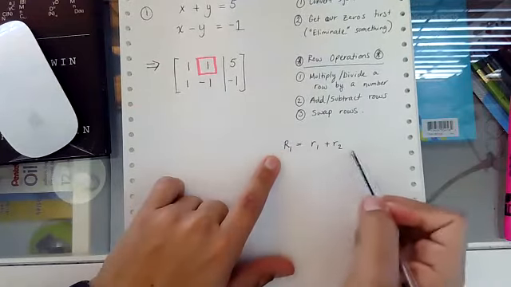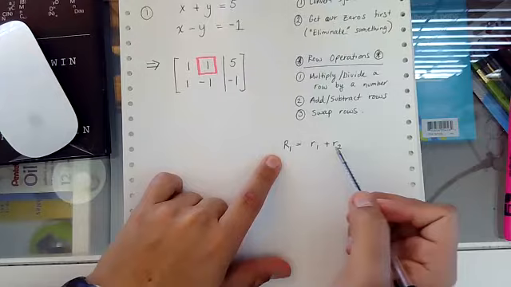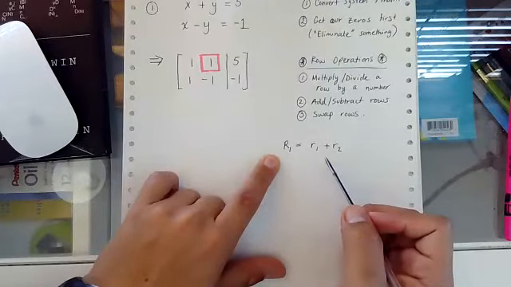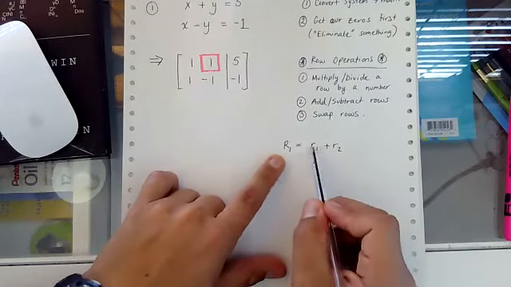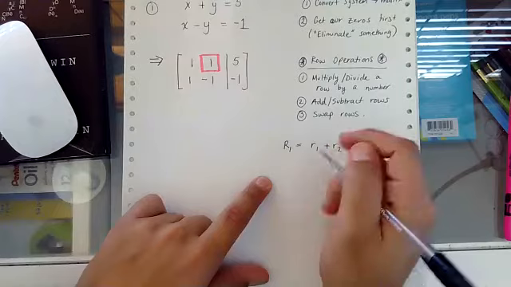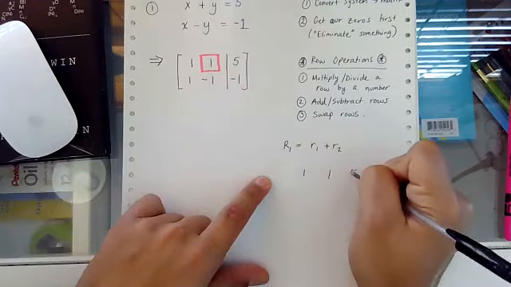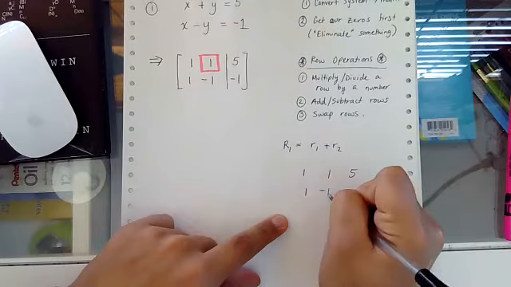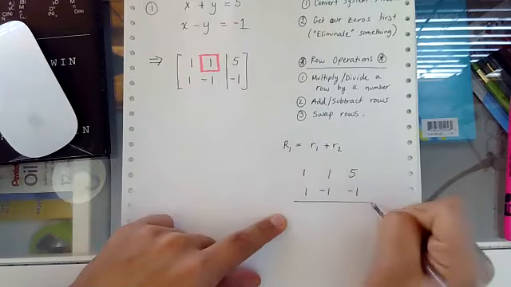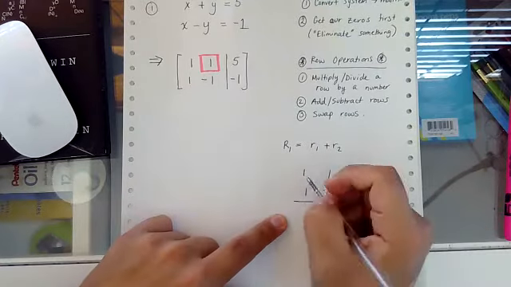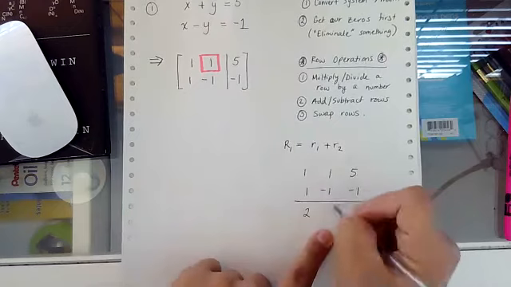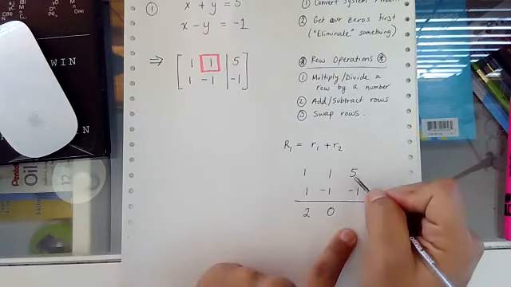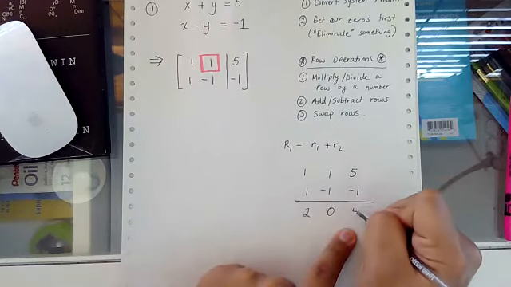And this is the thing that you're going to have to be able to figure out on your own. Because if I take the numbers from row 1, which are 1, 1, and 5, and then I take the numbers from row 2, 1, -1, and -1, and I just add them together, I get 2, 0, and 4.